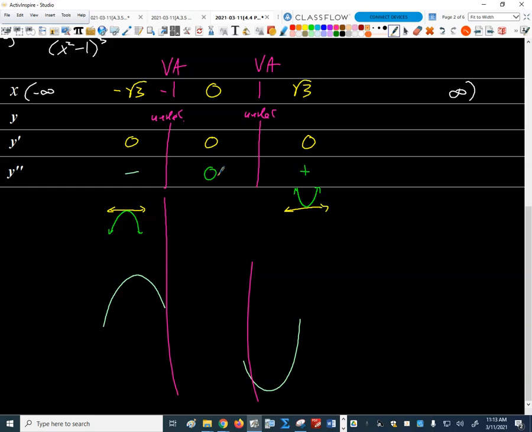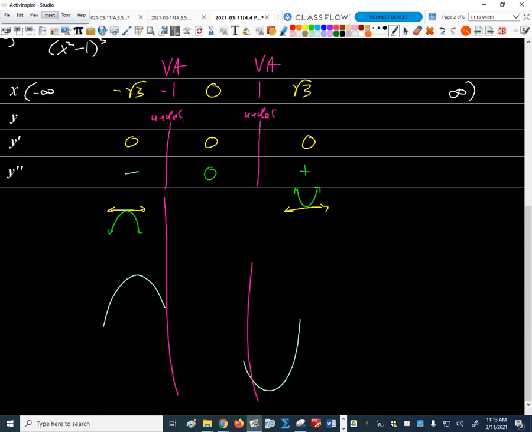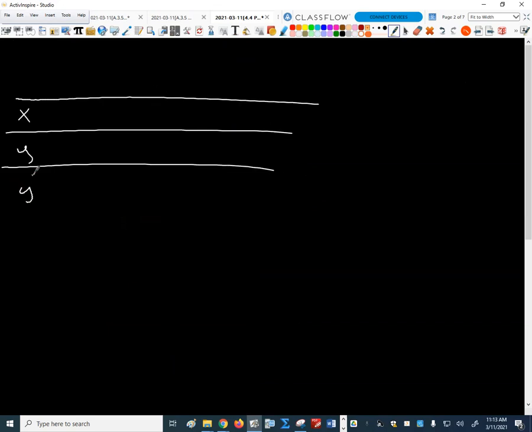If I have a critical number out here at 1, for example, where I have a 0 of the first derivative, well, if I pick some test points, like 0 and 2, if my derivative were positive here and negative there, that means I'm going from an increasing function to a decreasing function.